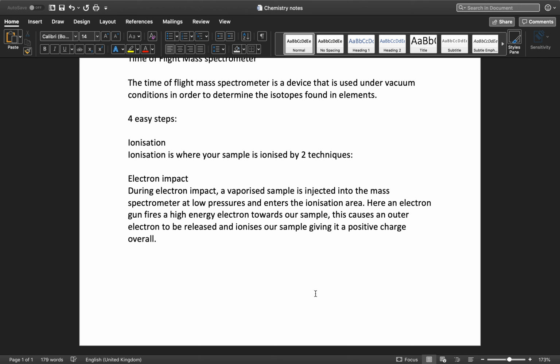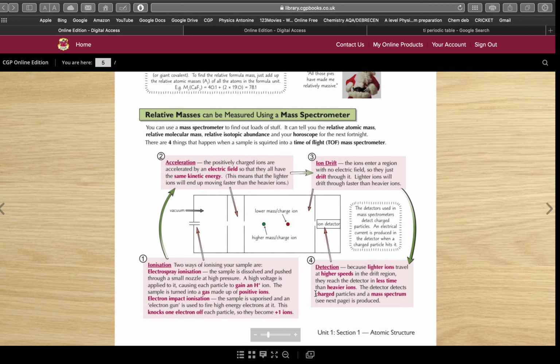The electron impacts onto your sample, causing the outer electron to be released, therefore ionizing your sample into a positively charged sample, forming positive ions with different charges.